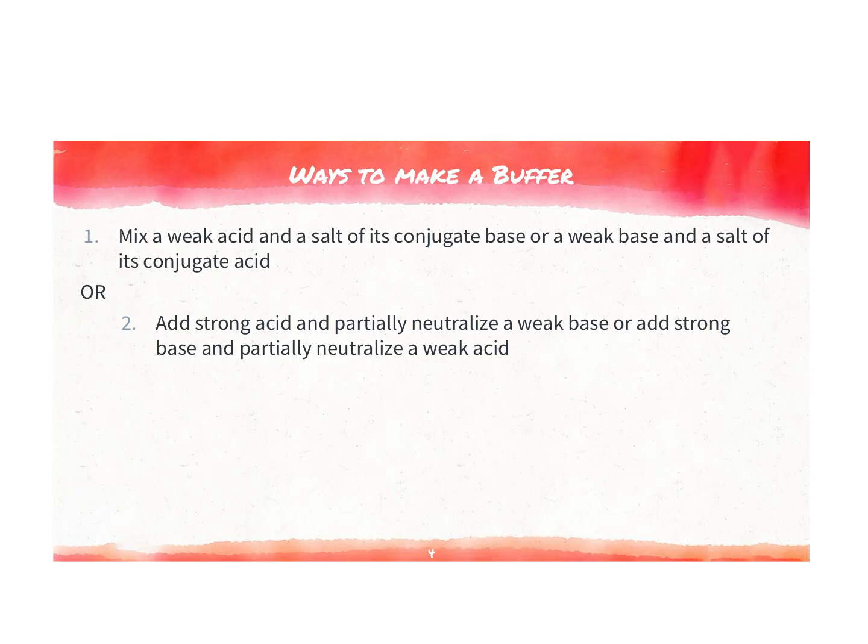So there's two ways that we typically make a buffer, and it's pretty simple, all things considered. Basically just mix a weak acid, I'm going to take acetic acid as my example, HC2H3O2, and any salt of its conjugate base. For example, NaC2H3O2. This is basically just a source of the conjugate base, which is C2H3O2 minus.